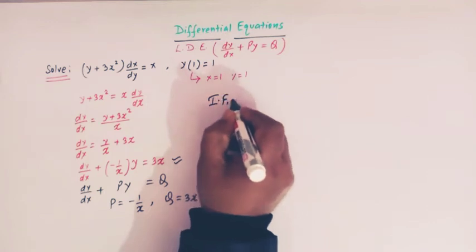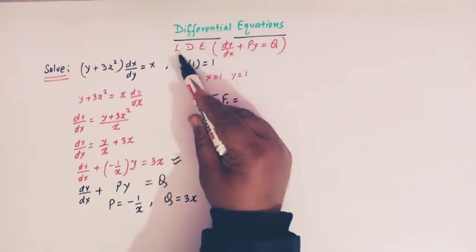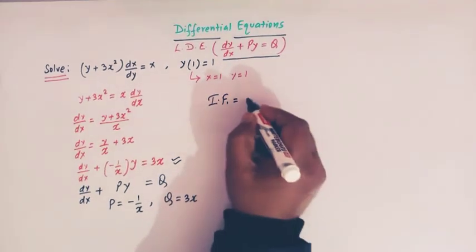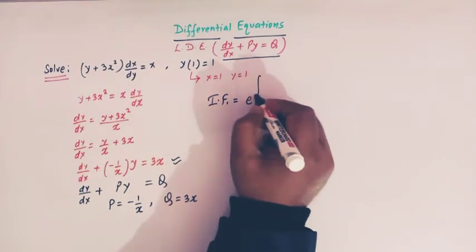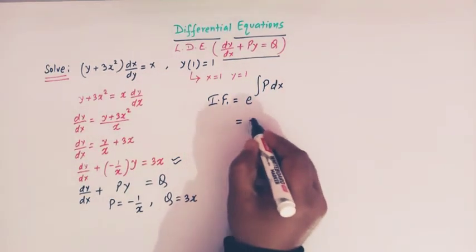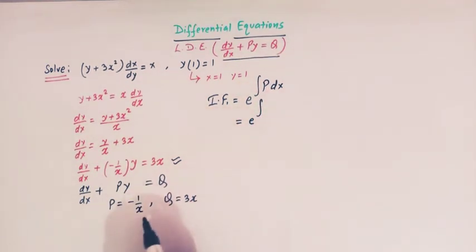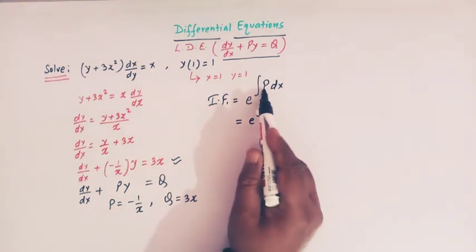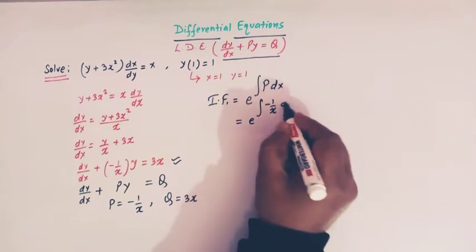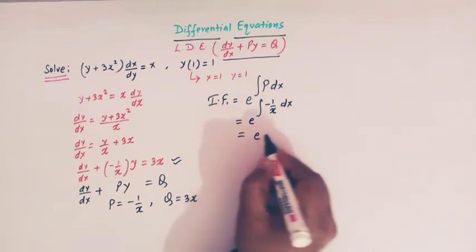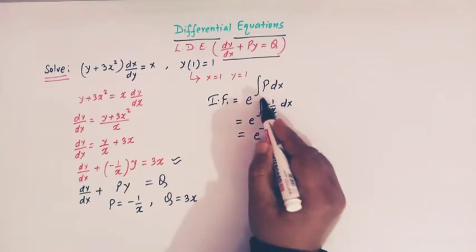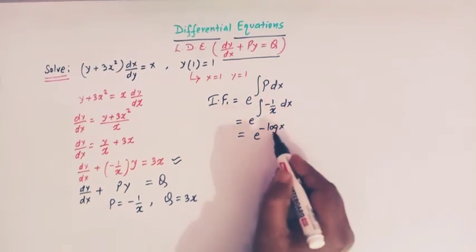The integrating factor of any linear differential equation of this type is given by e raised to the integral of p dx. Here we have e raised to the integral of minus 1 over x dx, and this is simply minus log of x, because the integral of 1 over x is log x.